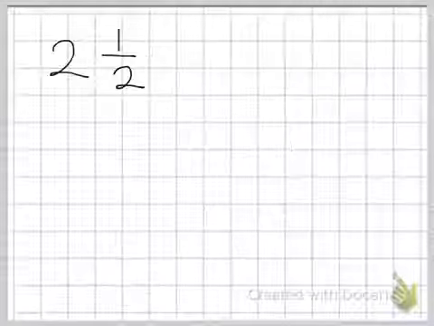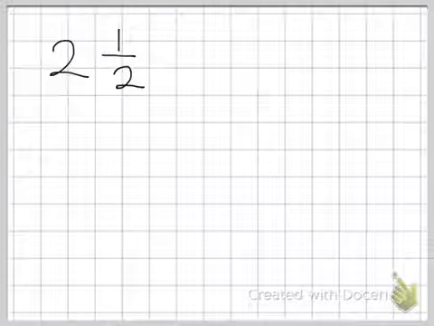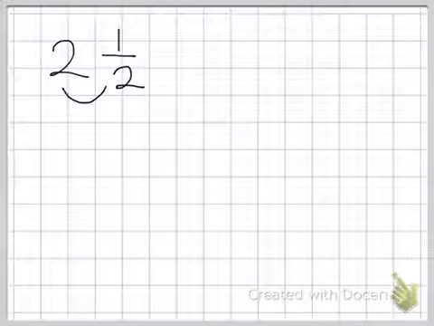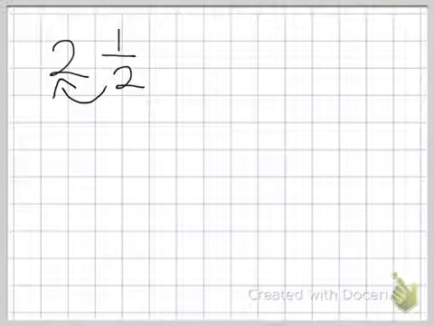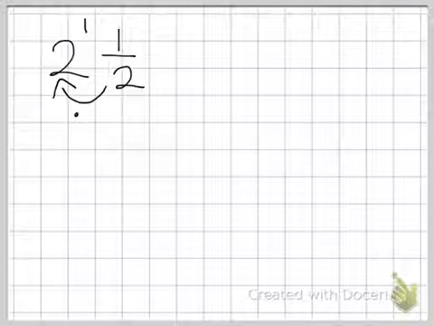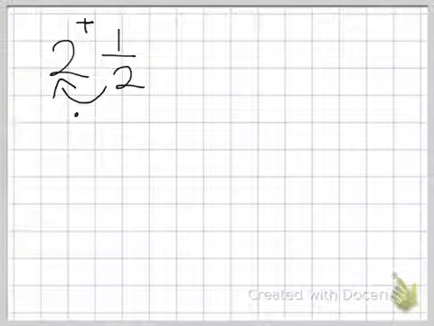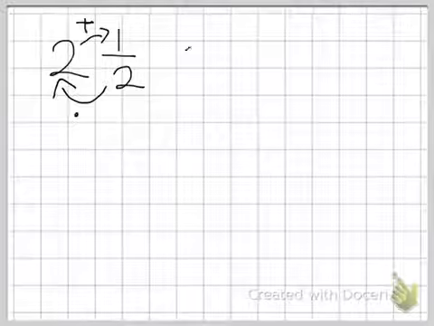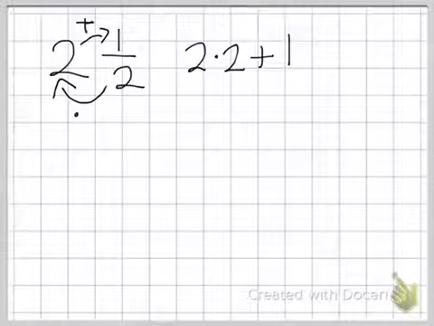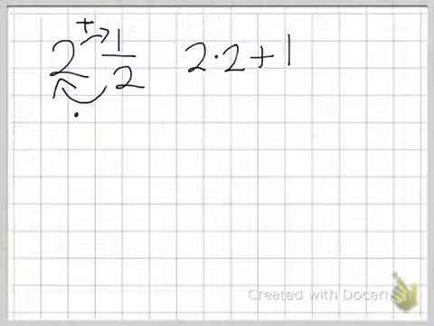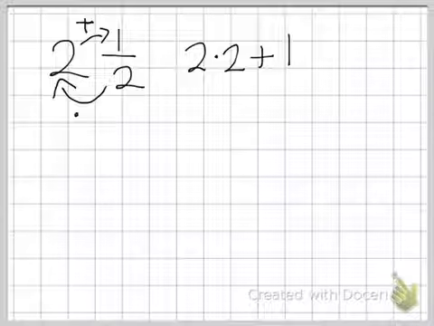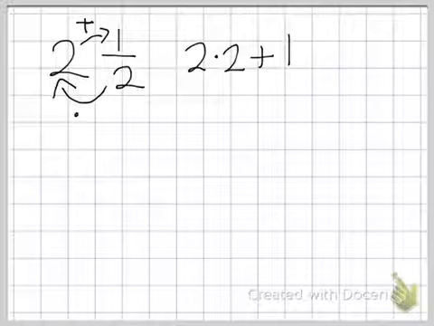Now there is a faster way of doing this. It's just an algorithm, but I wanted you to really see and know where this came from. You can do 2 times 2, so 2 times 2 is 4, and then add this number up here. So we would do 2 times 2 plus 1. It always goes in this same order: the denominator first, times the whole number, plus the numerator.